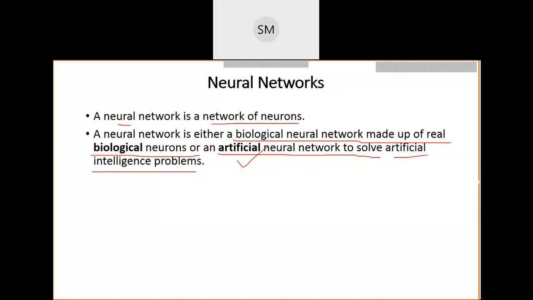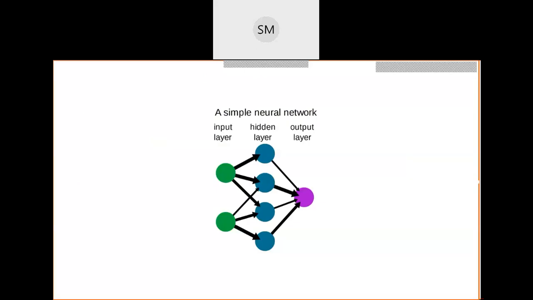The difference between artificial intelligence, deep learning and machine learning I told you in the first introduction classes. So all these problems which we solve in artificial intelligence, we can solve with this neural network.